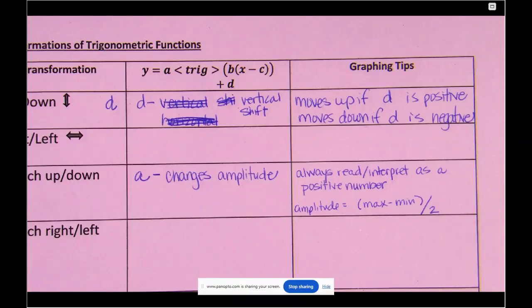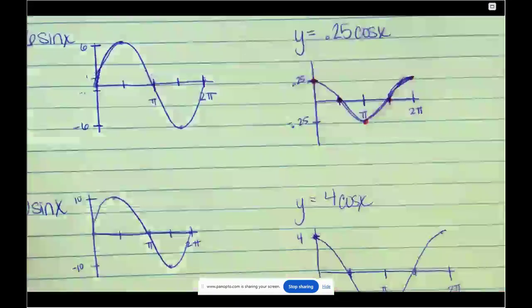So D is a vertical shift. A changes the amplitude. So we'll show you how to graph a vertical shift, the thinking that you need to do, and then we'll do a couple of those, and then we will talk about what happens when you combine them. Okay, so in case you need me to say it, Trevor, we're doing this on paper.